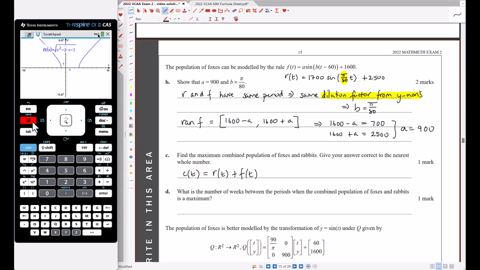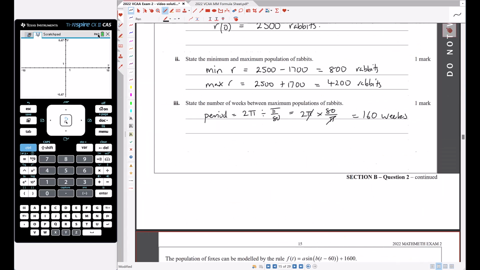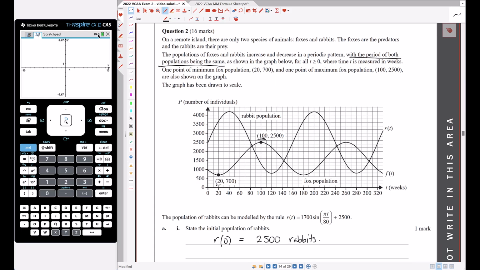Let's have a quick look at it. Might put them all up here. So let's have our foxes. I need to put x to put it on the axis. I'll put r of x, and then I'm also going to put c of x. We obviously don't have an appropriate window at all. So let's just have a quick look at this window.